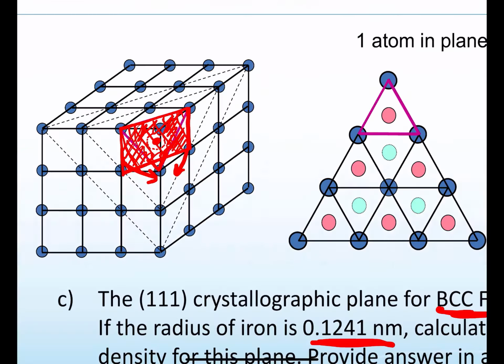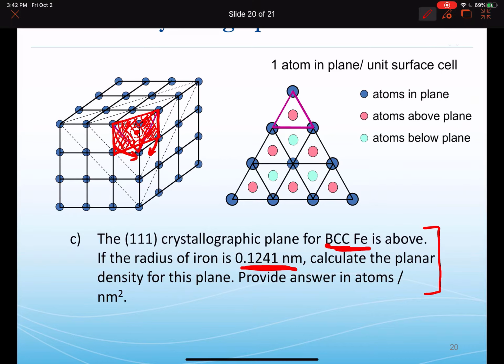So this spot here, the center of that central atom, does not lie in the plane of interest, in this case the 111. And to imagine that, you can take this red plane that I've tried to do and imagine tilting it forward until we end up with the purple plane in question. Okay, so that's a bit of a hint to help you with that before I let you loose, and let me just clean that up so you've got that information for you.